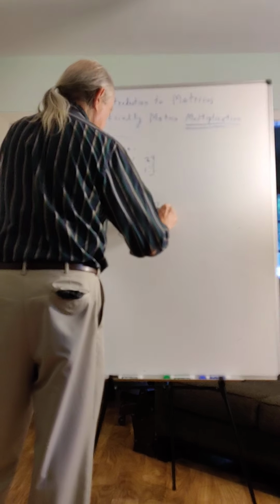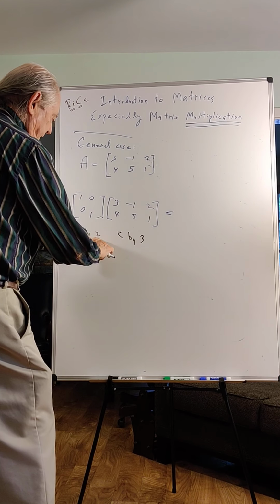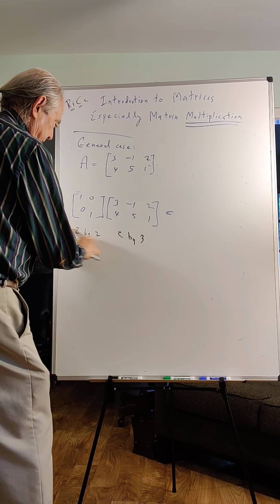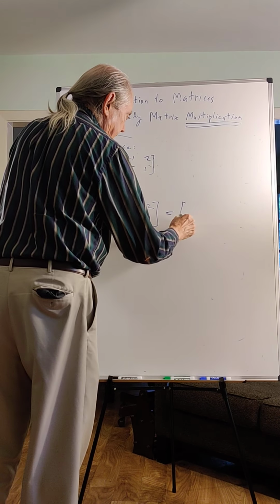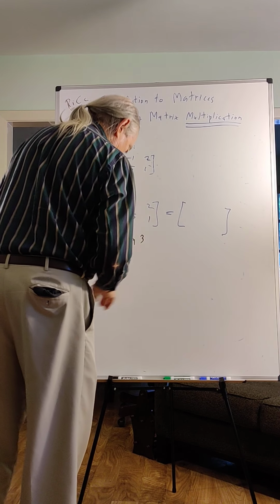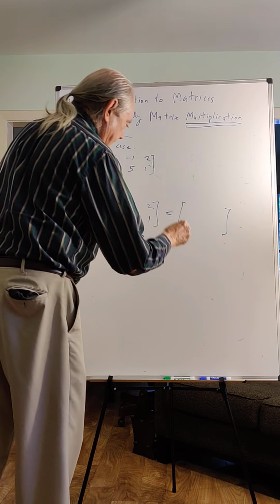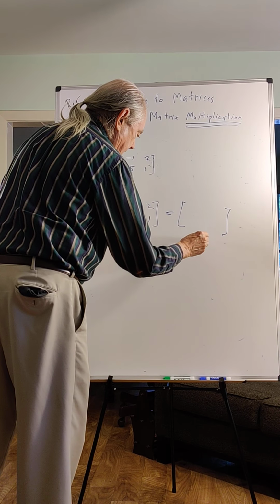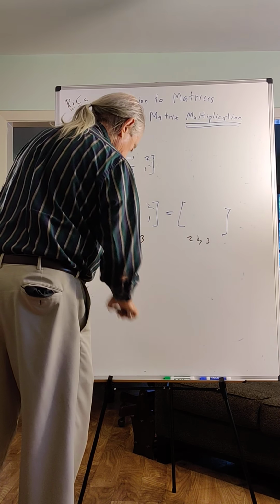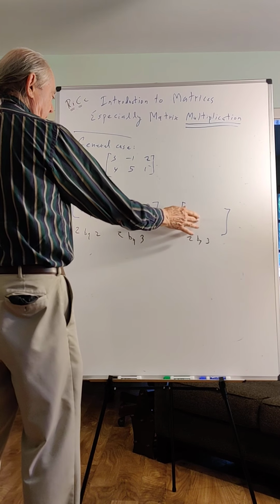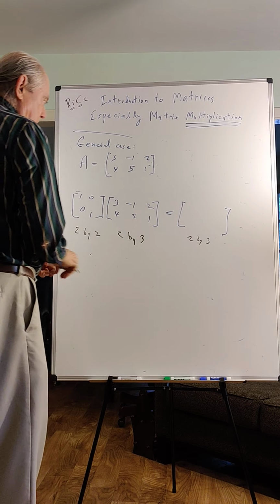And so these are equal. We can multiply. The answer is going to be 2 by 3. You can check that this product is just this matrix.